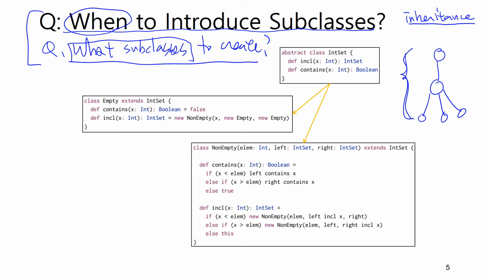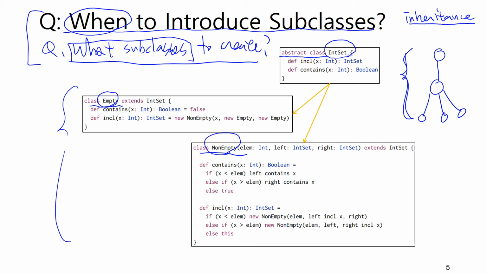So here's an example. In this example, we are implementing a class IntSet. We start with this abstract class. And in this particular implementation, we decided to create two subclasses, Empty and NonEmpty. And the question is, what is the principle behind making the decision to create the subclasses Empty and NonEmpty?